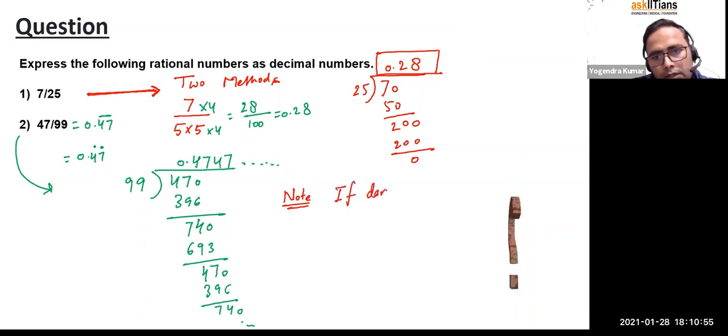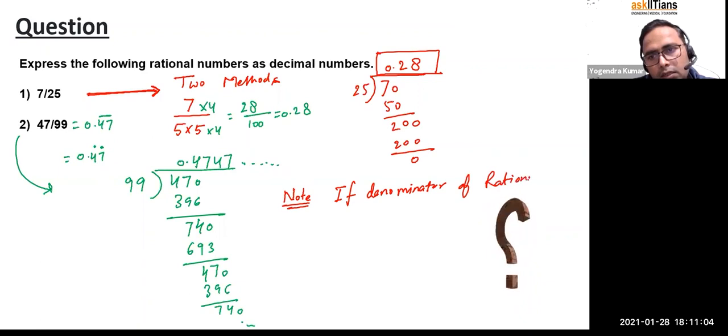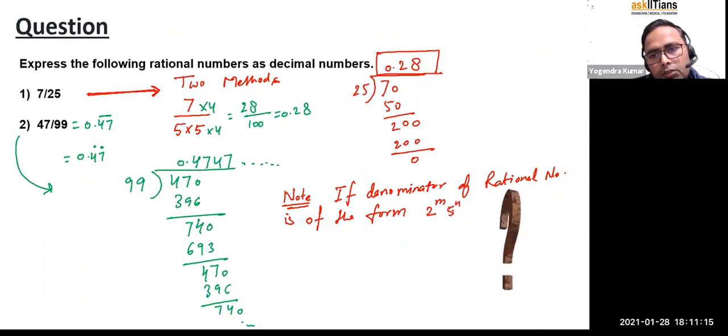If the denominator of a rational number is of the form 2 raised to m and 5 raised to n, meaning in the denominator we have 2 or 5 or both, and no other number apart from 2 or 5, right?